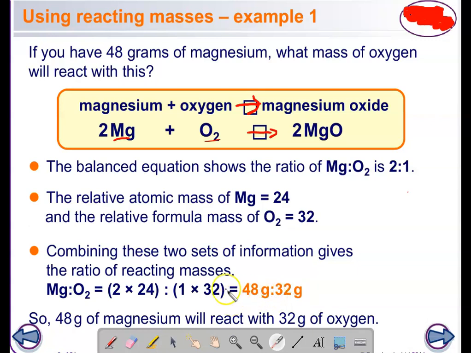Now, what that means is that if you have 48 grams of magnesium, you will need 32 grams of oxygen to react with.